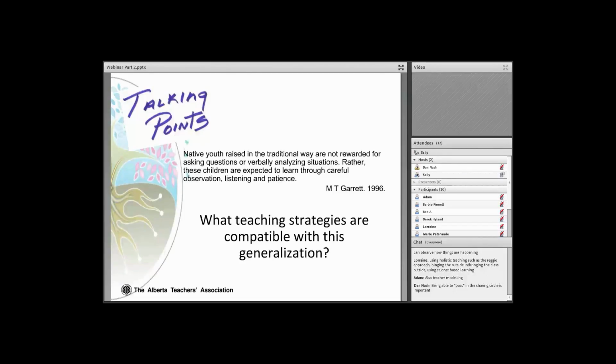Language arts, having those reading buddies or having a read aloud where a teacher goes through and kind of talks about what they're thinking as they're reading through something can be really important for students to see how we think as adults as well.